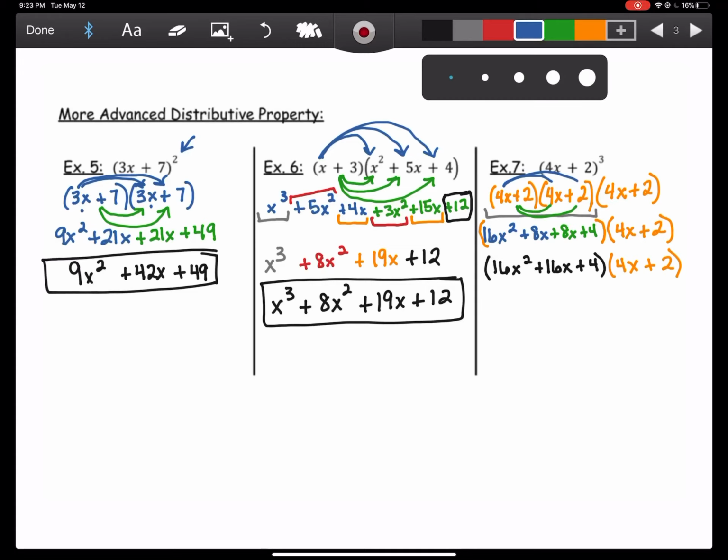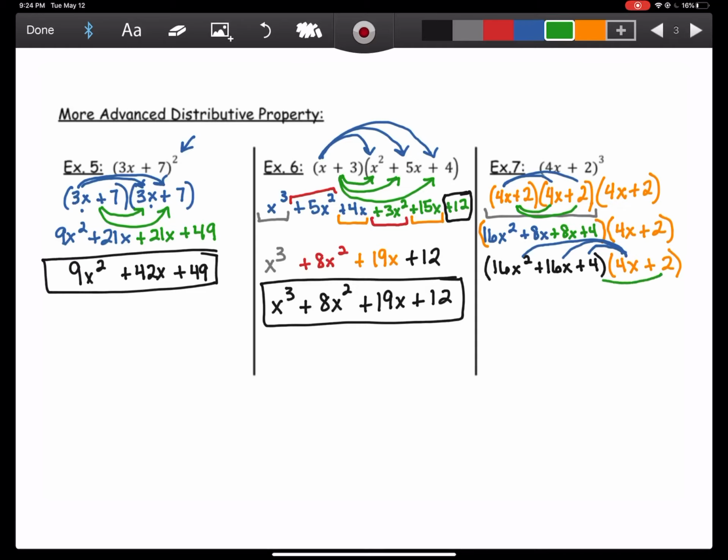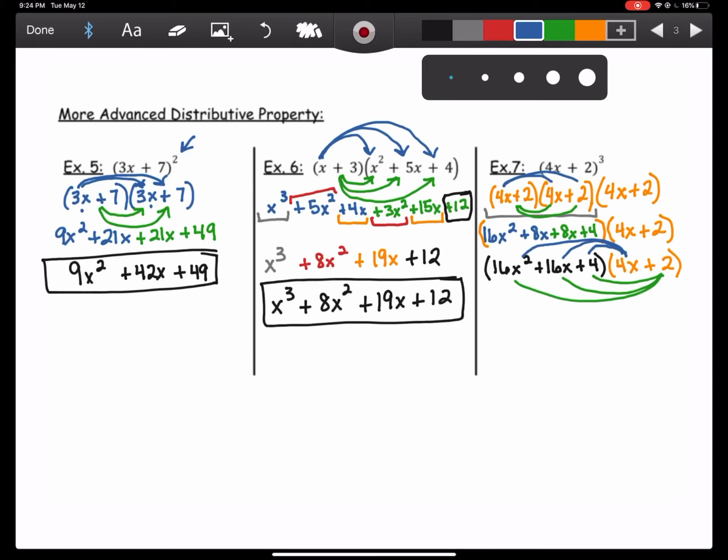The 4x, this is going to feel a little backwards because I'm moving from the back of the sentence here, the end of the sentence. The 4x needs to multiply everybody in this front set of parentheses in the trinomial. And then the positive 2 needs to do the same thing. So take your time, pause the video, see if you can get it right, and then resume it and see if you got it right.